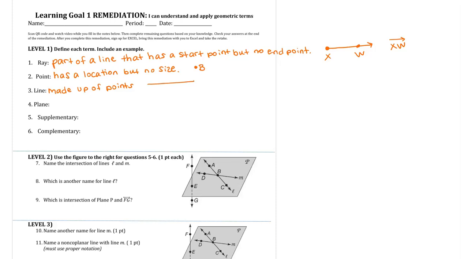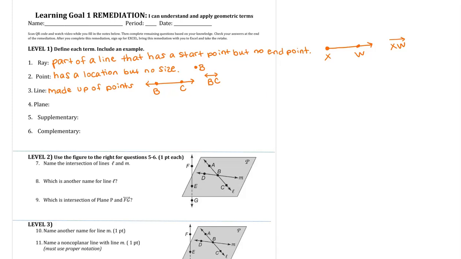So lines go on forever, but within this segment that we've drawn with the arrows on the end, we're going to give it 2 letters. So maybe, I don't know, BC. This would be line BC. And this time when we name it, we put arrows on both sides because a line's going on forever in both directions.